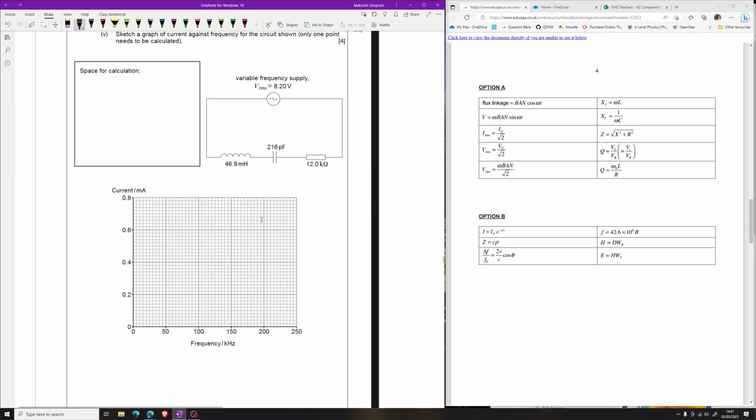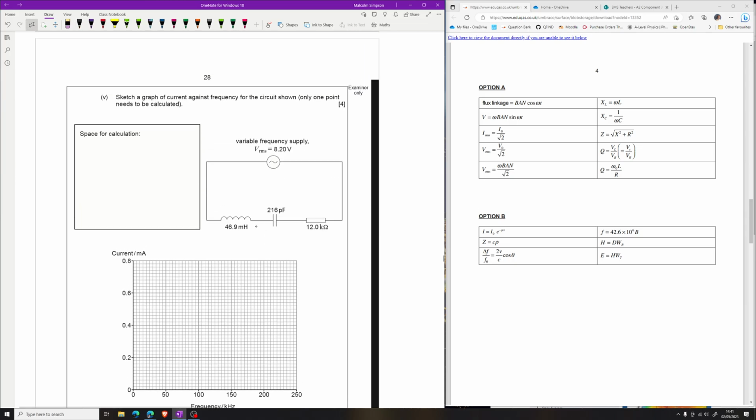The reason these hit a resonance, as I mentioned, is the antiphase of the PDs across these two reactances. The antiphase of those will essentially mean that the PD across this and this cancel each other out to be 0. So all of this 8.2 volts will be across the resistor.